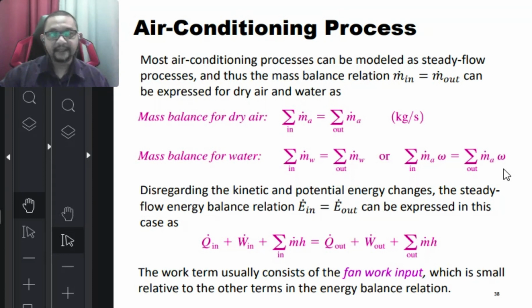Disregarding the kinetic and potential energy changes, the steady flow energy balance relation, that is energy rate in is equal to energy rate out, can be expressed as this formula: Q dot in plus W dot in is equal to the total in of m dot h, equals Q dot out plus W dot out plus the total out of m dot h.